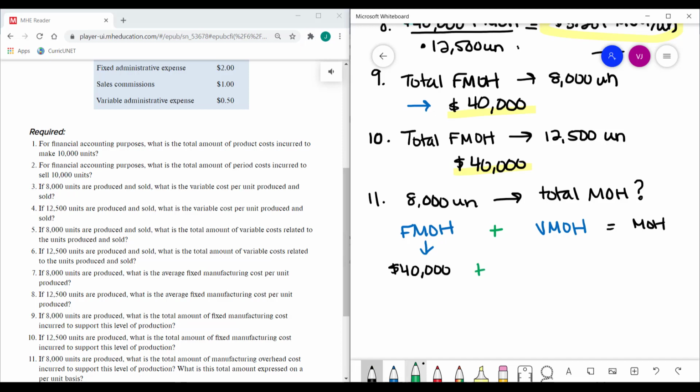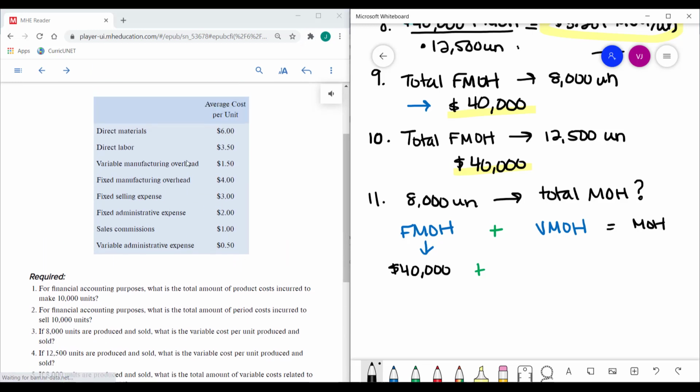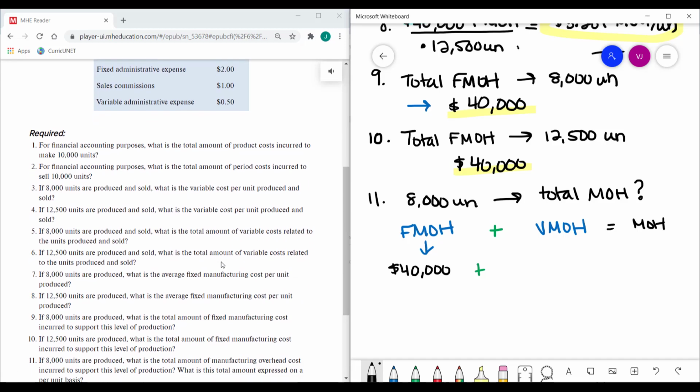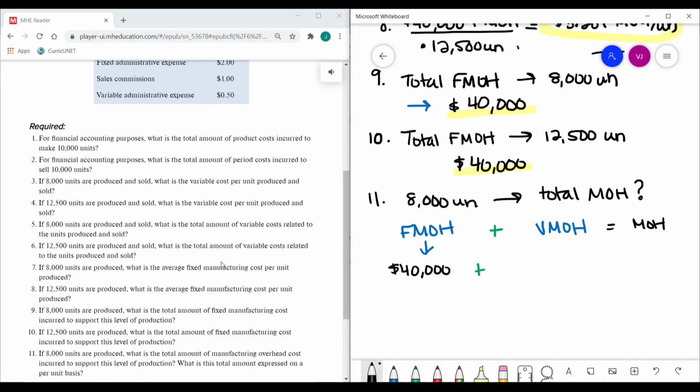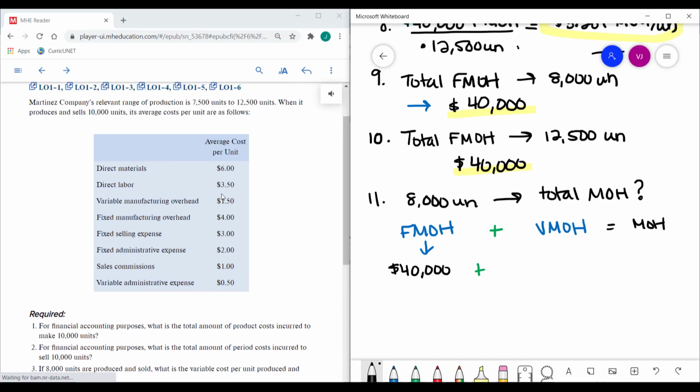But how do I find my variable manufacturing overhead? Well, they give us the variable manufacturing overhead per unit. Per unit, this amount will stay the same within the relevant range. So the variable overhead costs us about $1.50 per unit. For 8,000 units, to find the total variable manufacturing overhead, we take that $1.50 per unit and multiply it by the 8,000 units.